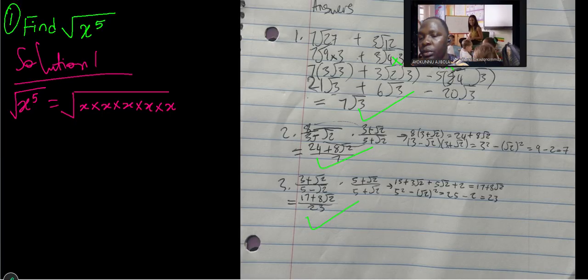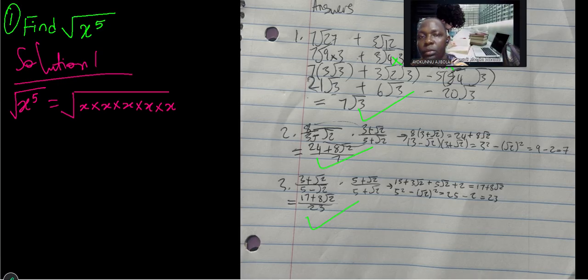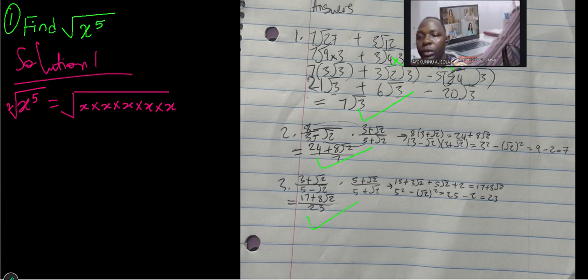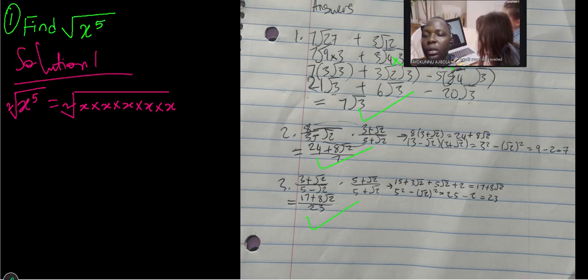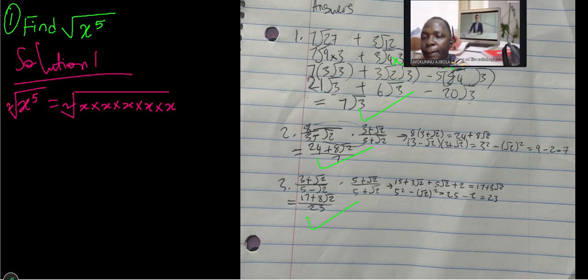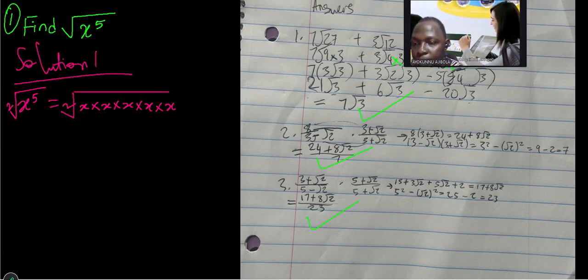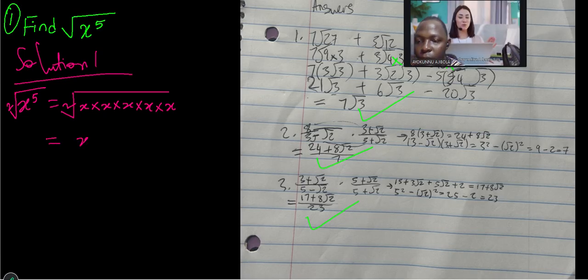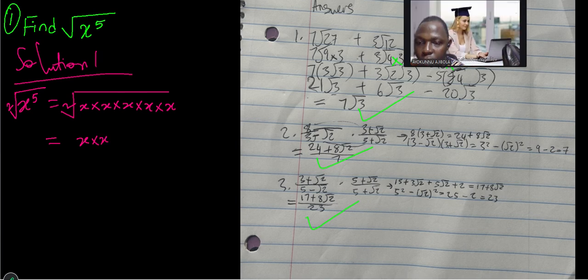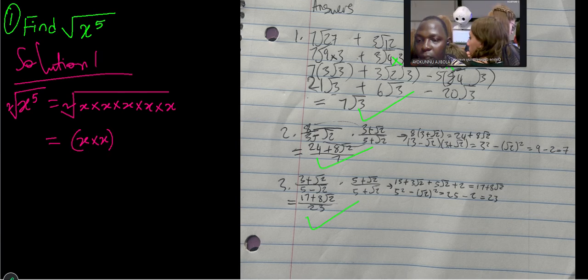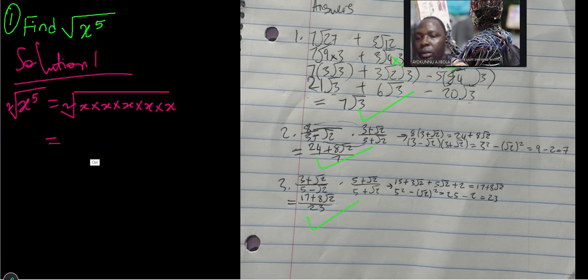So now you can say this is equal to x times x, like x squared, so we have x squared, then times another x squared, then times a single x.